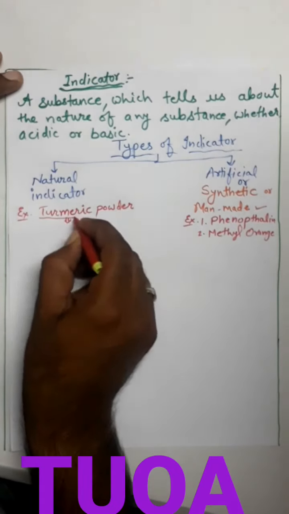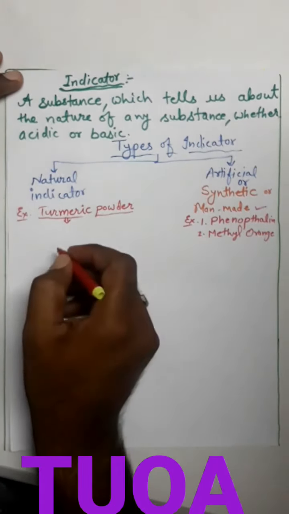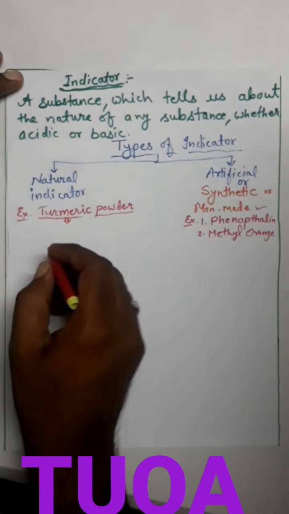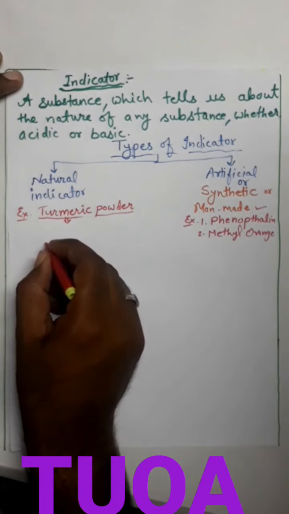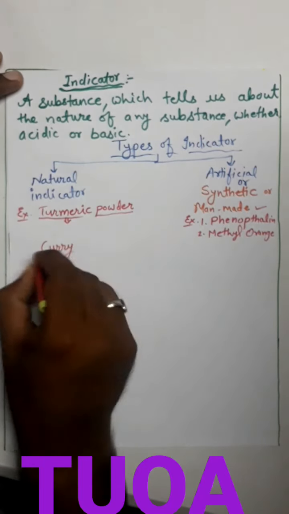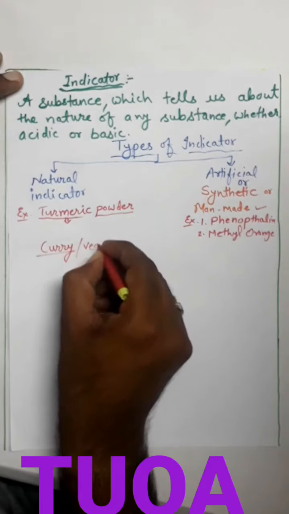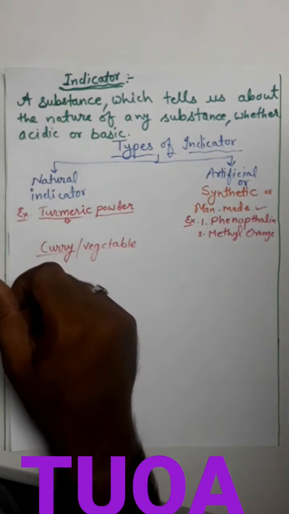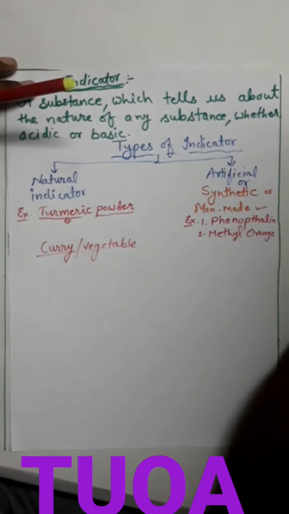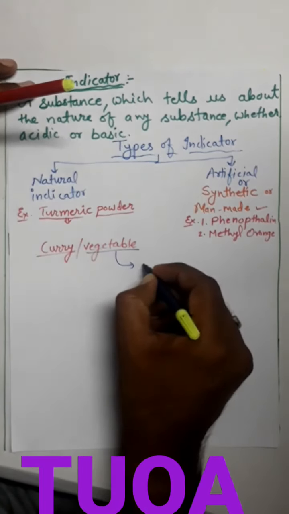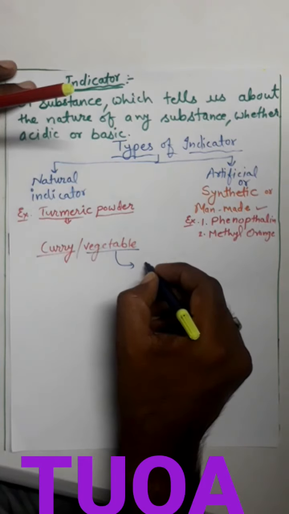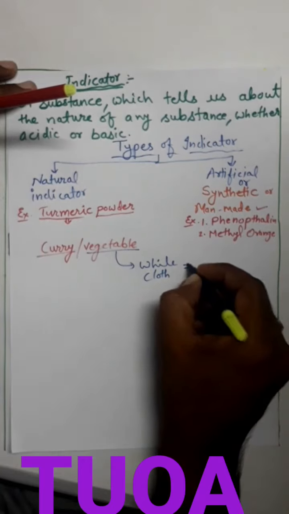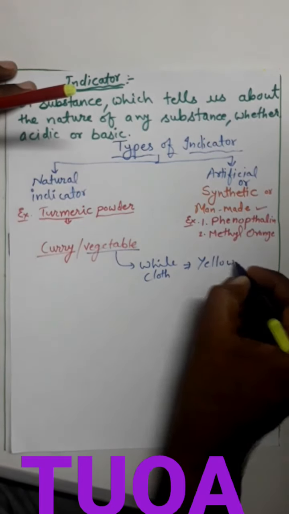Now turmeric powder. What is turmeric powder and how does it work? Students, sometimes you have observed that when curry or vegetable comes in contact with a white cloth, then there is a yellow stain.